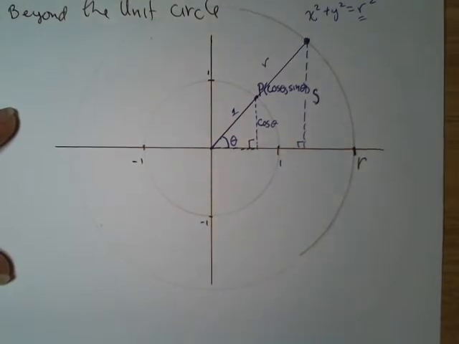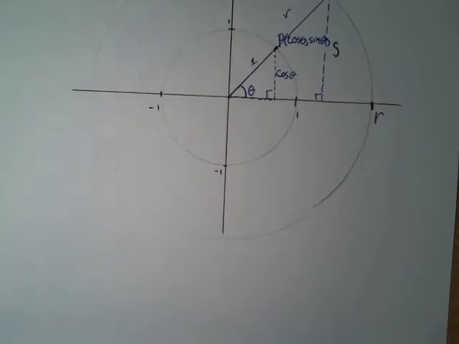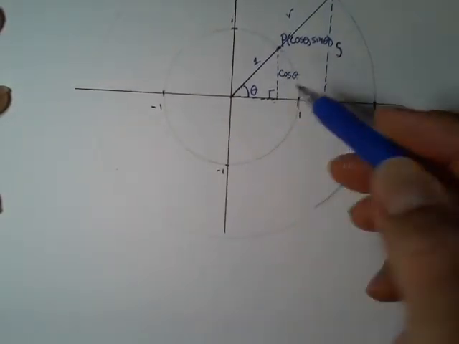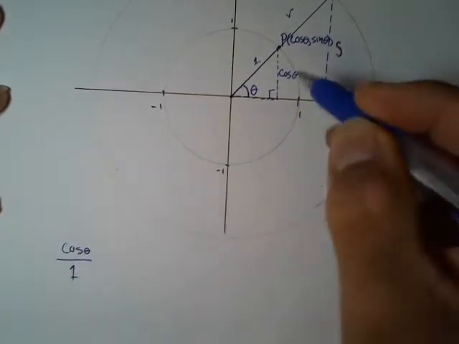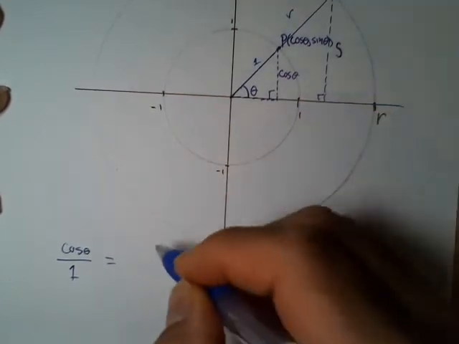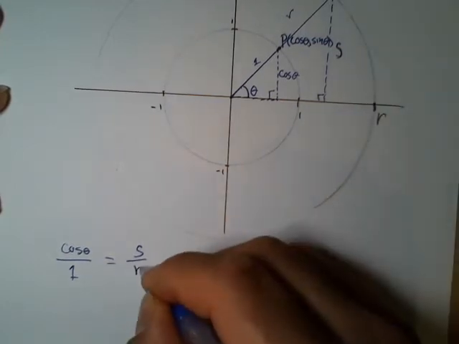So what I mean by it being in a ratio is if I take this side, cosine theta, over 1, the hypotenuse, it'll be in the similar ratio as the longer side here, which is s, and then the hypotenuse, which is r.